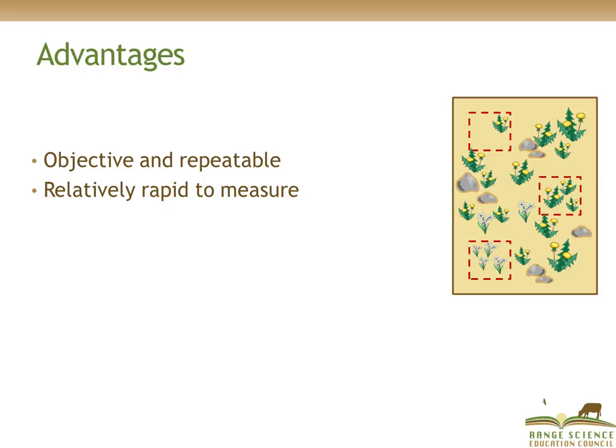It's relatively rapid to take these kinds of measurements, and it's relatively simple. It requires some training, but not an extensive amount of training, as long as your plant identification skills are good.